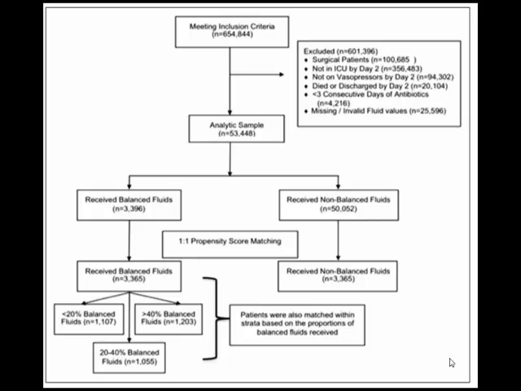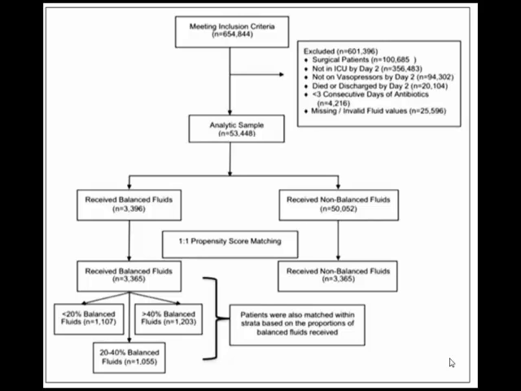And they divided in 2 arms. One arm was the one who received balanced fluids. That was 3,396 patients. And the other arm, the patients that received non-balanced fluids only, that was 50,000. Obviously, there's a big difference between those 2 groups.